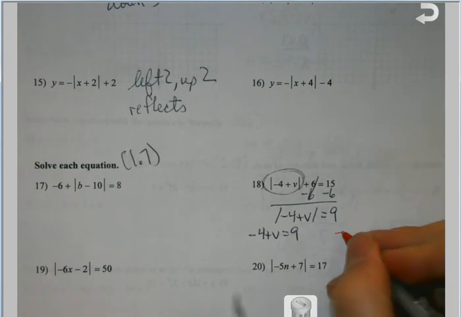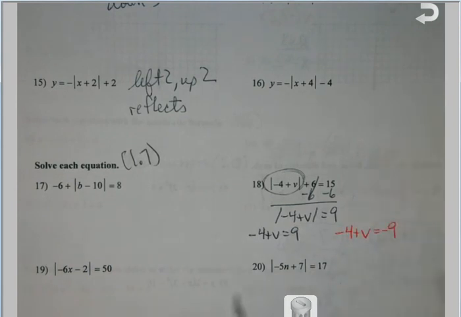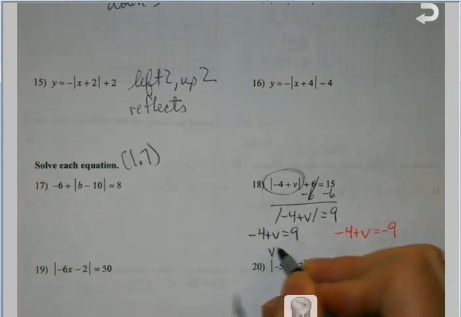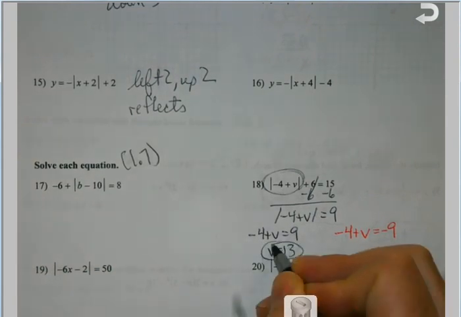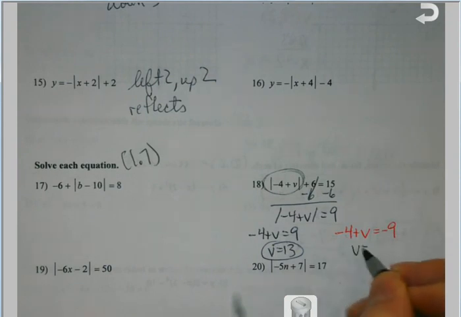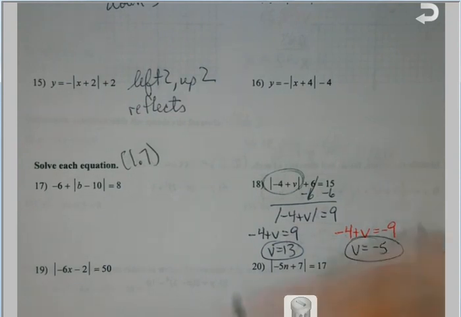And for the second one, I never change what's inside the bars, just what's outside. So I just change it to a negative. Add my 4, and I'm good. And that will do it for our review on Review 5.